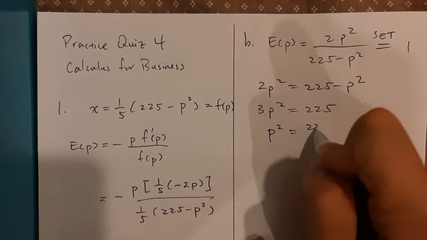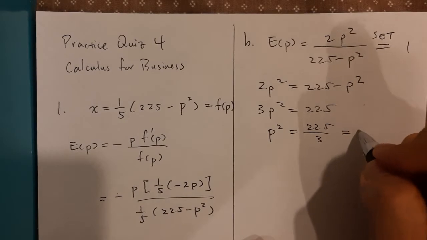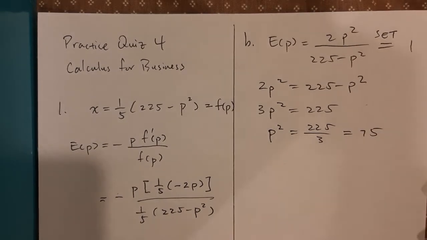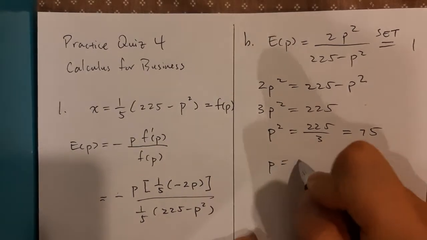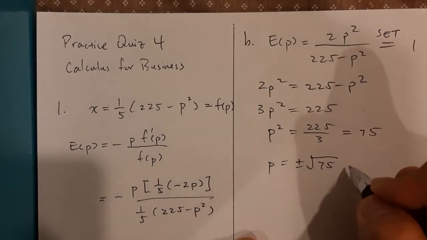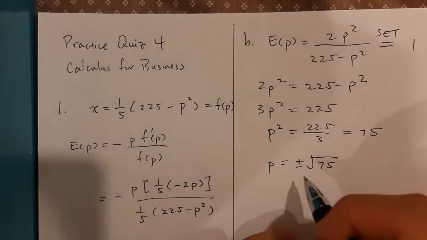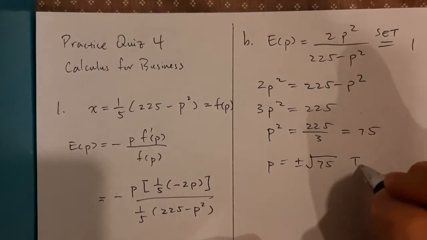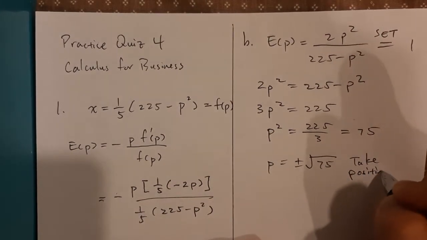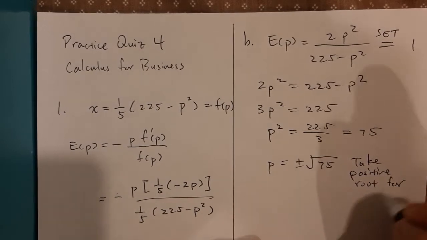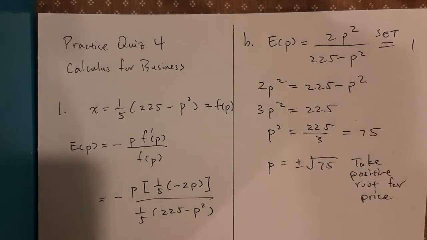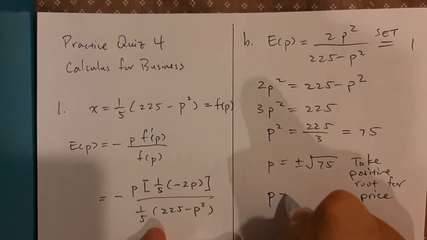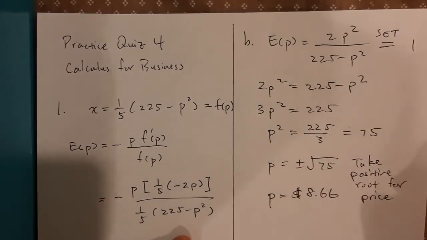P squared equals 225 over 3, so that is 75. Simplifying, we got P equals plus or minus rad 75. Now, this is a price, so we just take the positive root for prices, P. So if you get rad 75, that's 8.66. That's the price.